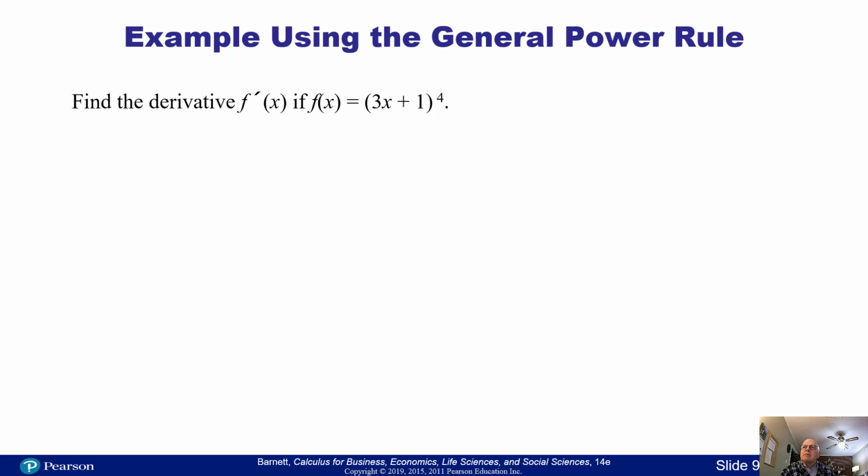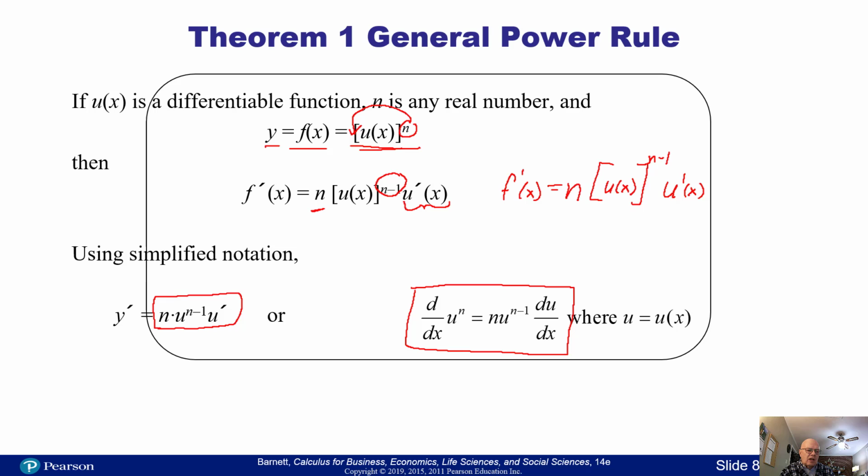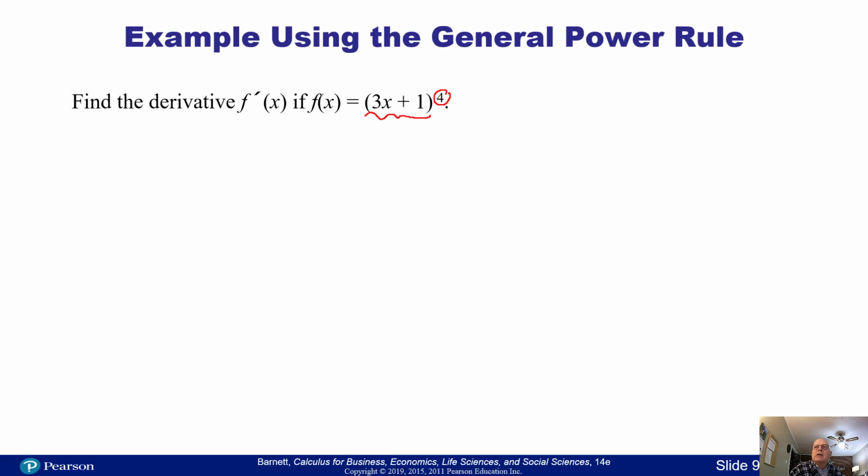So how about this one? This is the outside function, and this is the inside function. Take a look back here again, if you like. So, the outside function, if we want the derivative of x, bring that 4 out front, leave the 3x plus 1 intact, reduce this exponent by 1, and then take the derivative of what's inside.